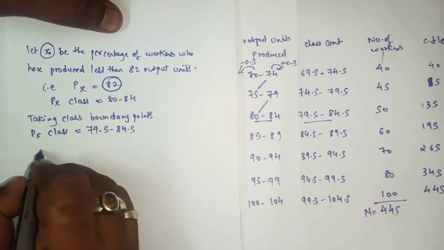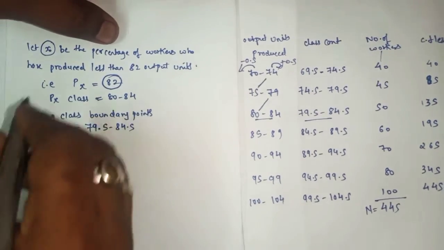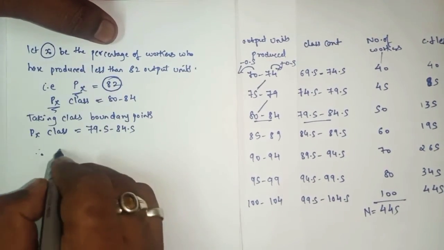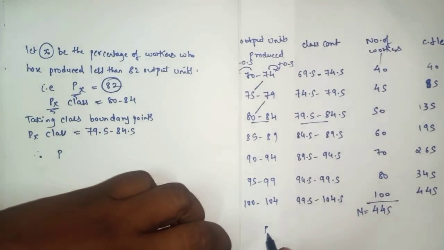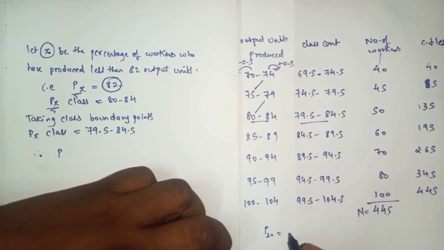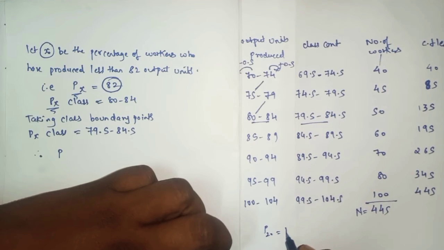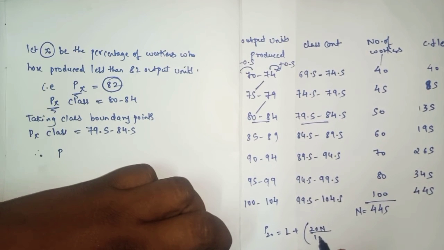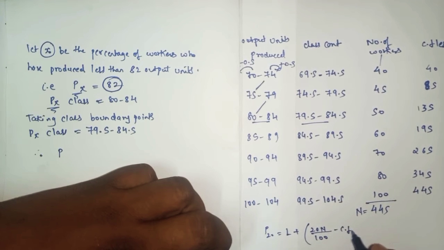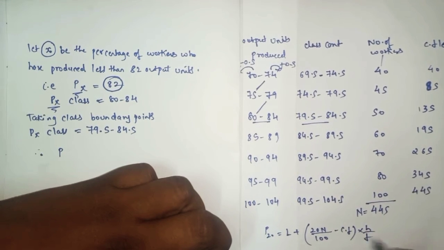Okay, so now we'll create the formula for this percentile. Suppose you want to find P20, how will you create the formula? P20 = L + (20N/100 - CF) × H/F. Yes or no?